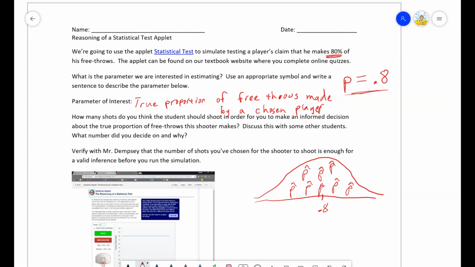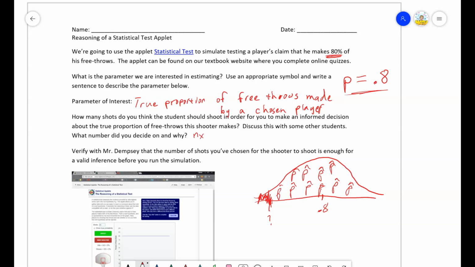He won't always make 80% of whatever sample size of shots we give him. But what we want to do is figure out how far away we would want p-hat to live so that we would believe that this is no longer true, that we would say the 0.8 doesn't seem to be true.